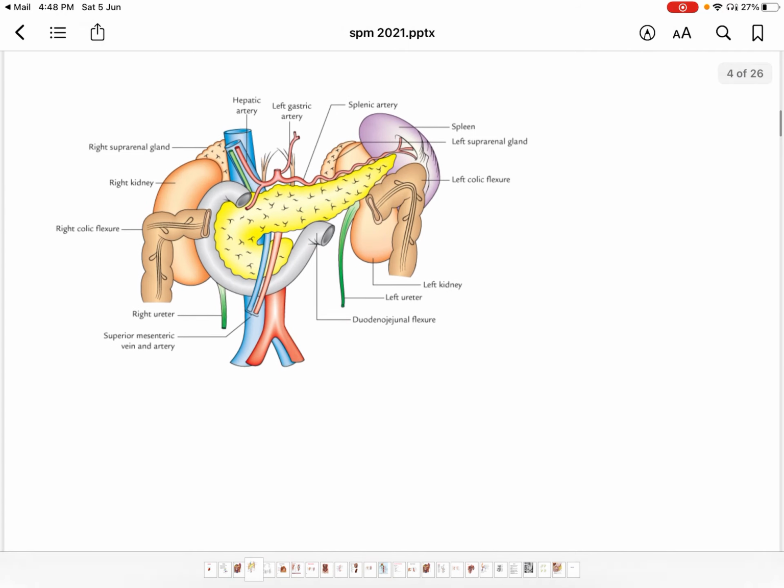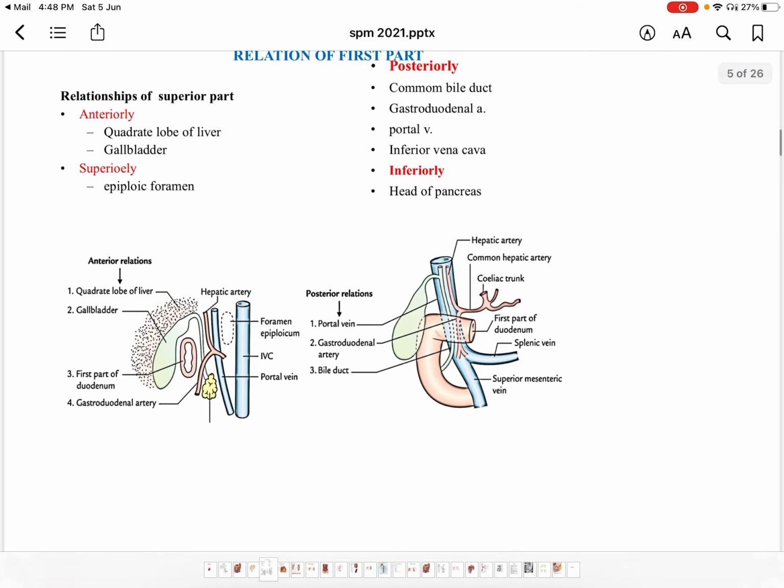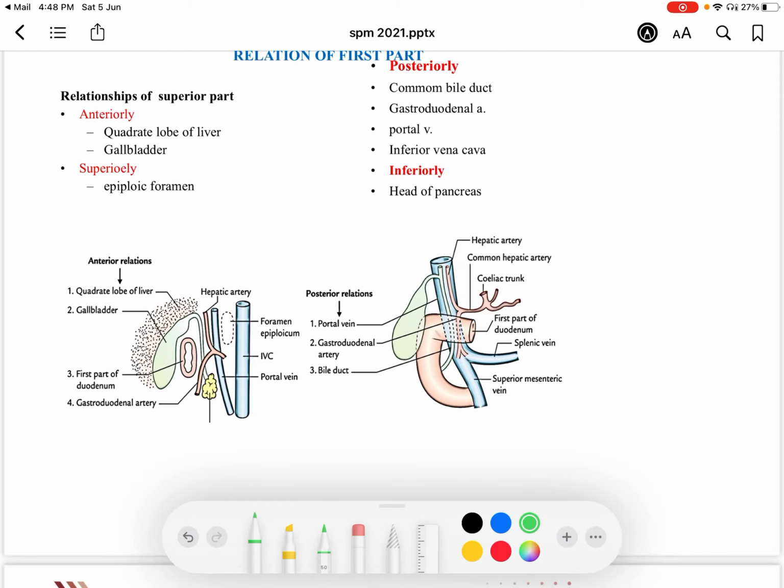In the next diagram you can see the relations of the first part. Anteriorly there is the quadrate lobe of the liver and the gallbladder. Superiorly there is the epiploic foramen, and posteriorly you can see the hepatic artery, bile duct and portal vein, and beneath, posterior to this, there is the gastroduodenal artery.